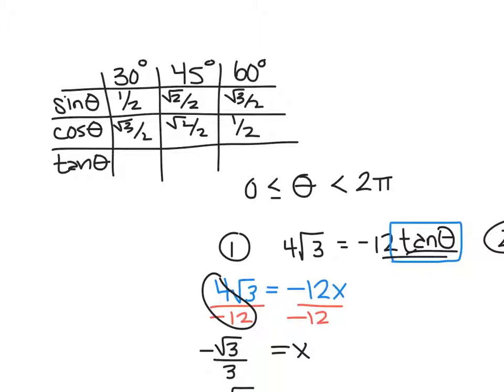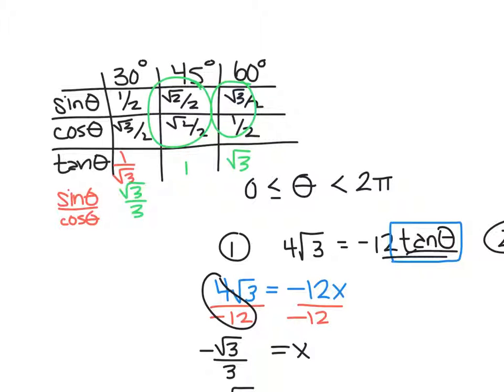Tangent is the sine of theta, which is the y, divided by the cosine of theta, which is the x. So if I divide 1/2 divided by root 3 over 2, I get 1 over root 3. We can rationalize this to get root 3 over 3. If I divide these, it's going to be 1, and if I divide these, it's going to be root 3.